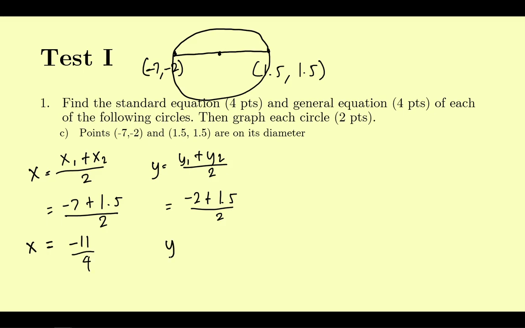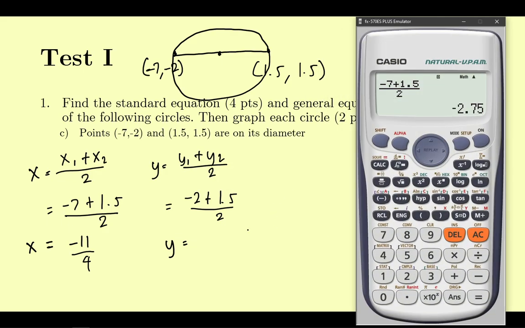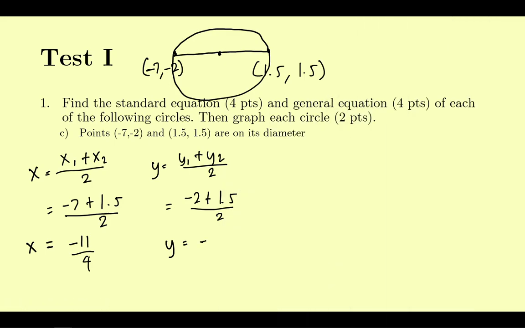That's for y naman, we have negative 2 plus 1.5 over 2, which is equal to negative 1/4. So negative 1/4. And that's it. You have the x and y coordinates of the center of your circle. All you need to do is to put that into the formula.